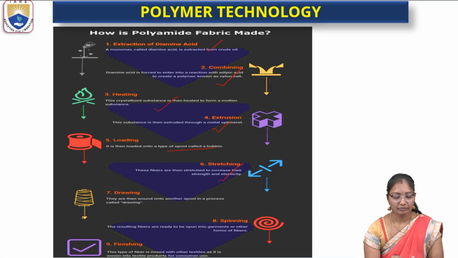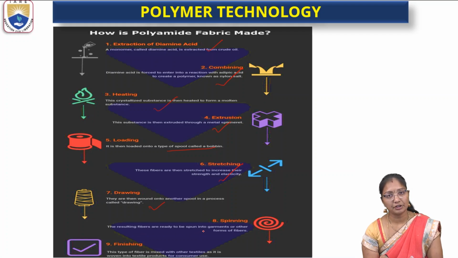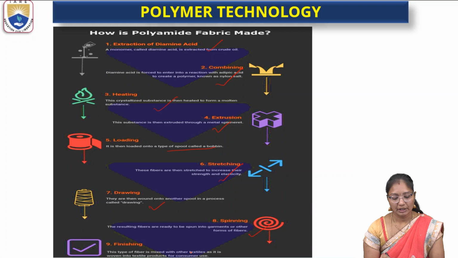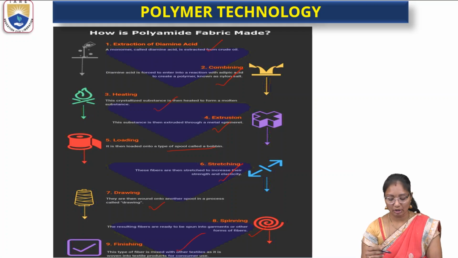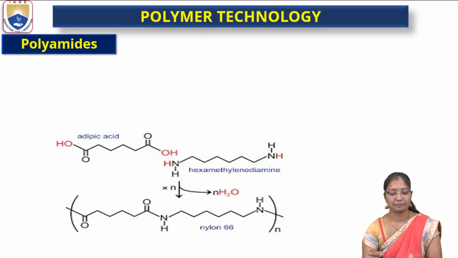Then drawing, where they are moved onto another spool. Then the resulting fibers are ready to be spun into garments or other forms of fibers. Then finishing. This fiber is mixed with other textiles as it is woven into textile products for consumer use. So this is the process of polyamide fabric preparation.